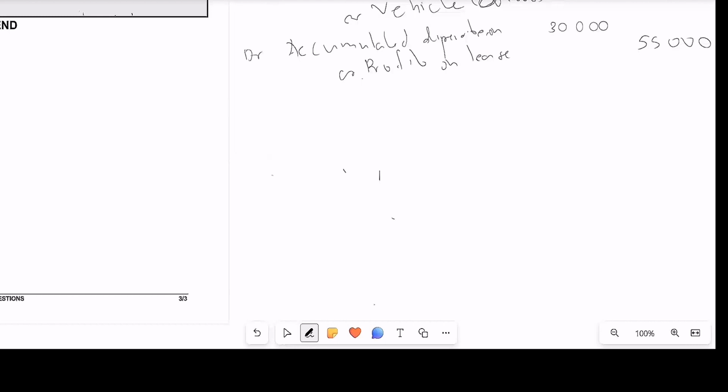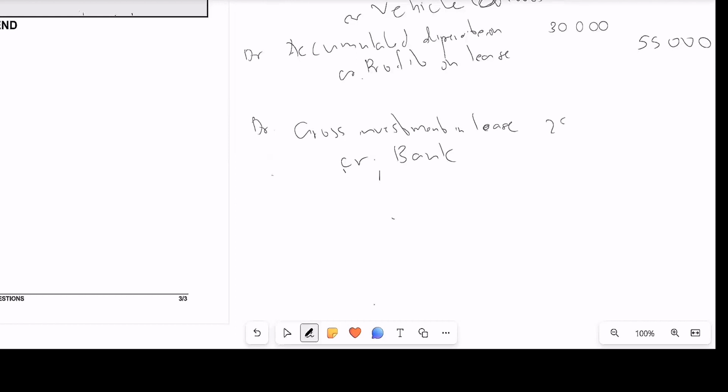We'll have to account for the lease transactions, the payments, the payment receipts. So we're going to debit the gross investment in lease, and we'll have to credit bank.